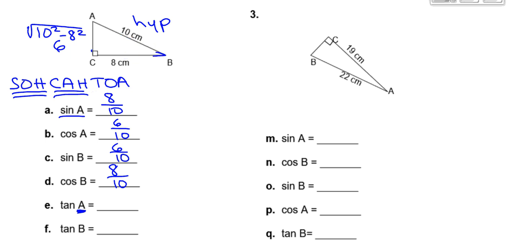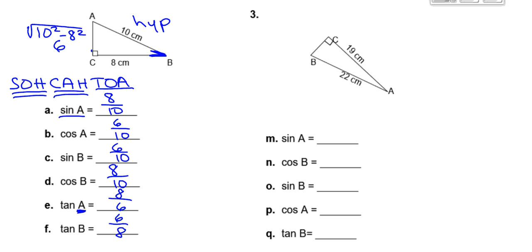So the tangent of the angle is the opposite over the adjacent, which is going to be 8 over 6. And the last one is the tangent of angle B. The tangent is the opposite, which is 6 this time, over the adjacent, which is 8. So that one is 6 over 8.